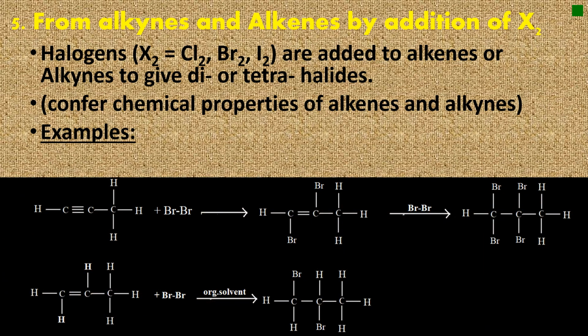Propyne reacts with 1 mole of bromine to give 1,2-dibromopropene, which then reacts with another mole of bromine to give 1,1,2,2-tetrabromopropane. Or another reaction is propene reacting with 1 mole of bromine to give 1,2-dibromopropane.